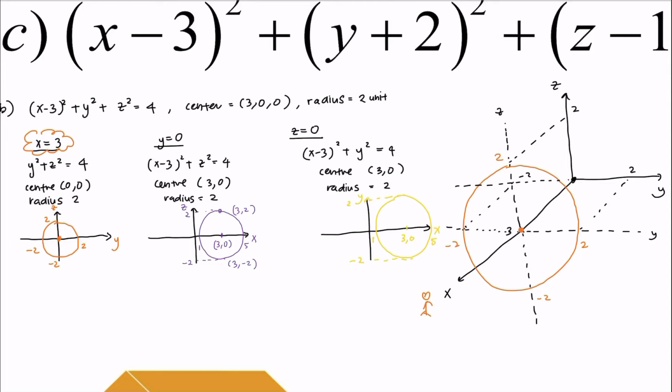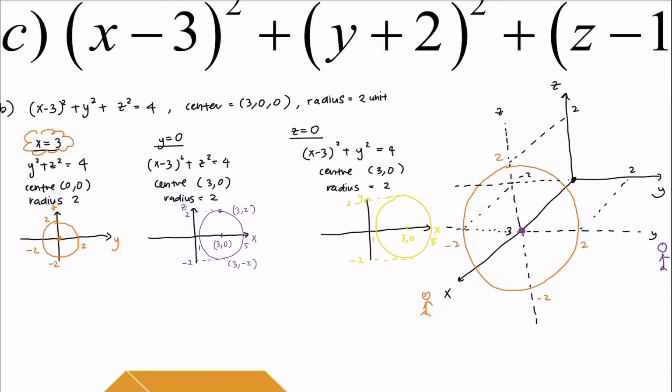Now at the plane y equal to 0, meaning that you have the side wall, you will stand at y and see your side wall. It is still a circle with radius 2, the same one, but the center is (3, 0) now, at the plane xz.